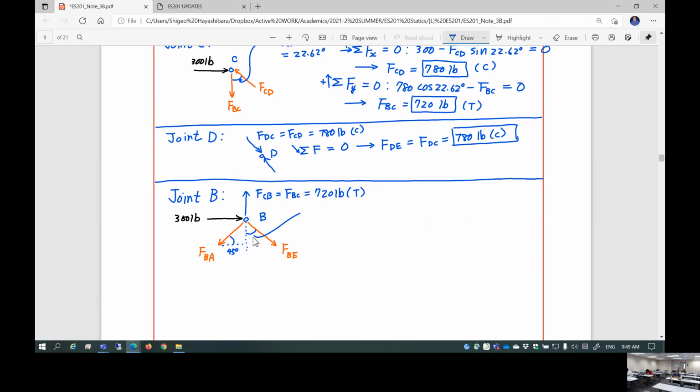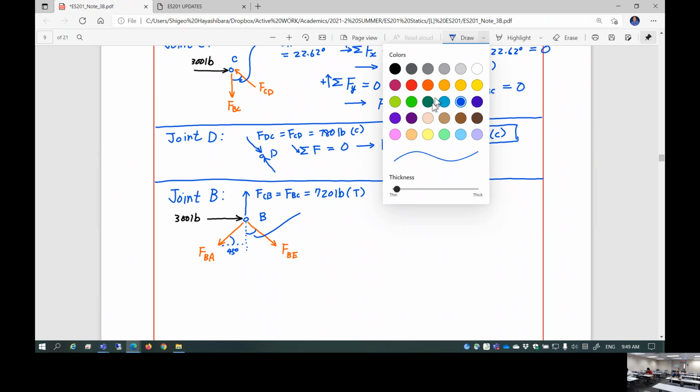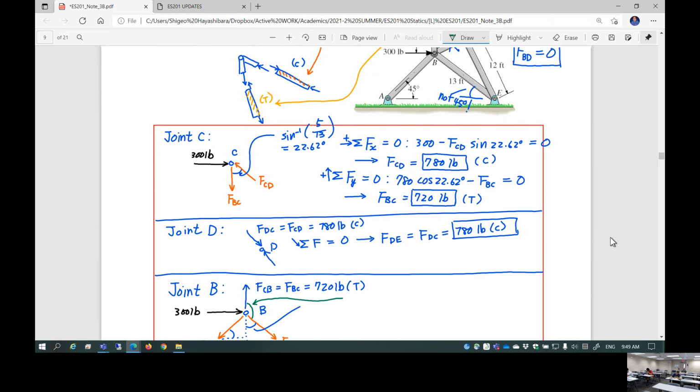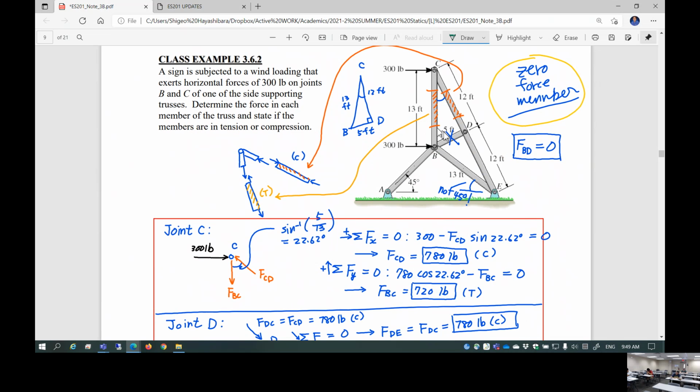To figure out this angle, we first want to know this angle. Does anybody know about this angle? What's this angle anyway? Well, we know this is 90. Isn't that angle just reflected on the bottom?